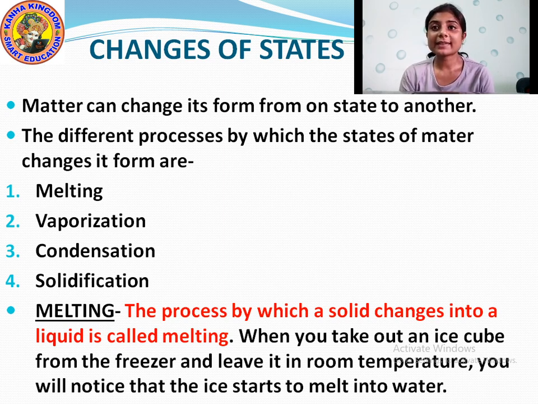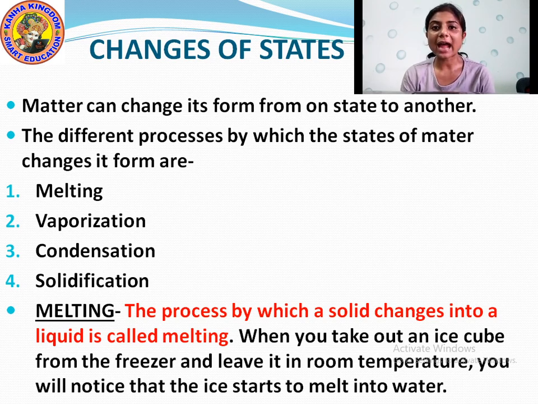For example, when you take out an ice cube from the freezer and leave it at room temperature, you will notice that the solid ice changes into liquid water. Inside the freezer, the particles are closely packed, and hence the ice has a fixed shape and is in the form of solid.